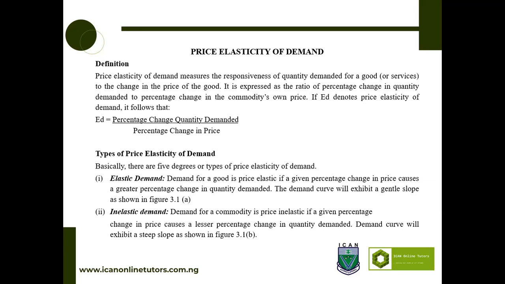So the demand curve will exhibit a gentle slope, and this will be shown in the next slide that we are going to display. So that's what is known as elastic demand.